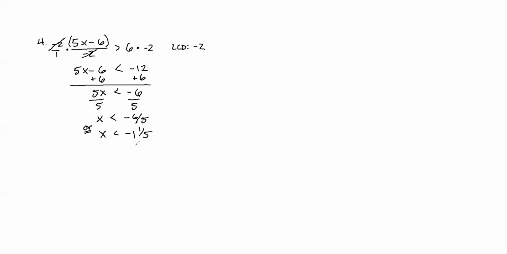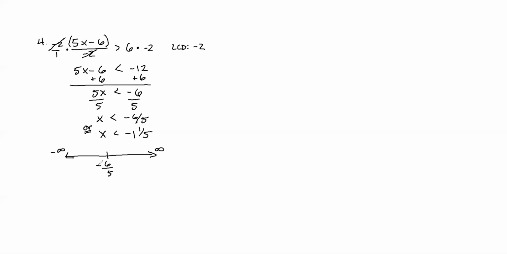Either one's perfectly fine because for graphing numbers like this, they're not nice whole numbers. What I'll normally do is I will put that number in the middle. I'm going to just do the negative 6/5. And as long as you know that everything to the left is more negative, everything to the right is more positive, if you want to just do that one number in the middle, that's perfectly fine.